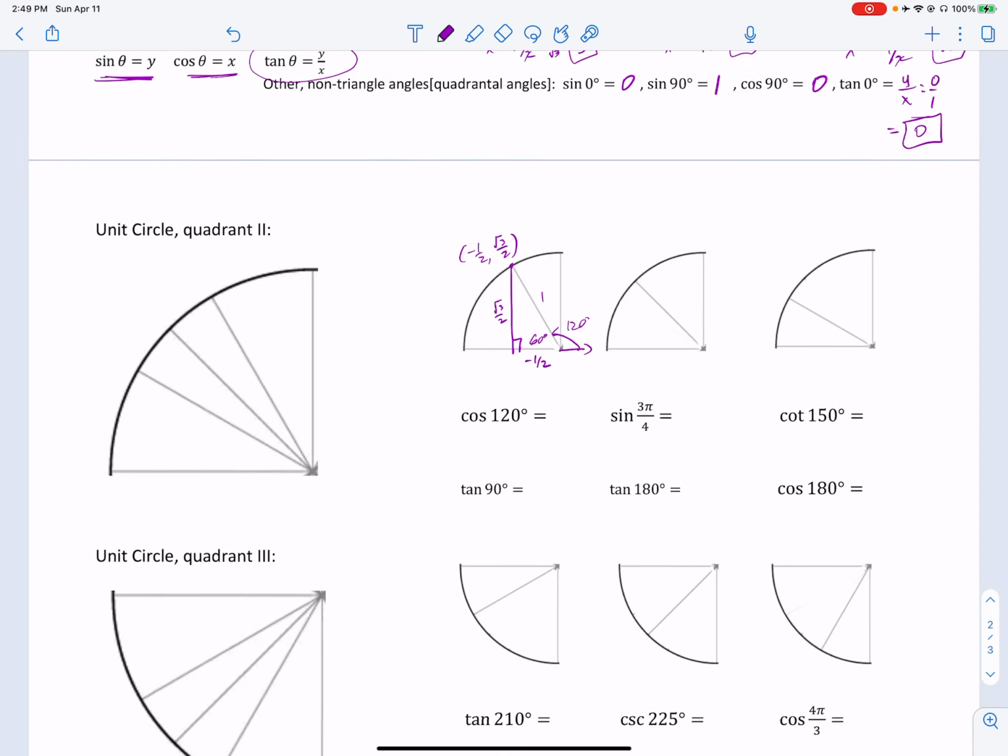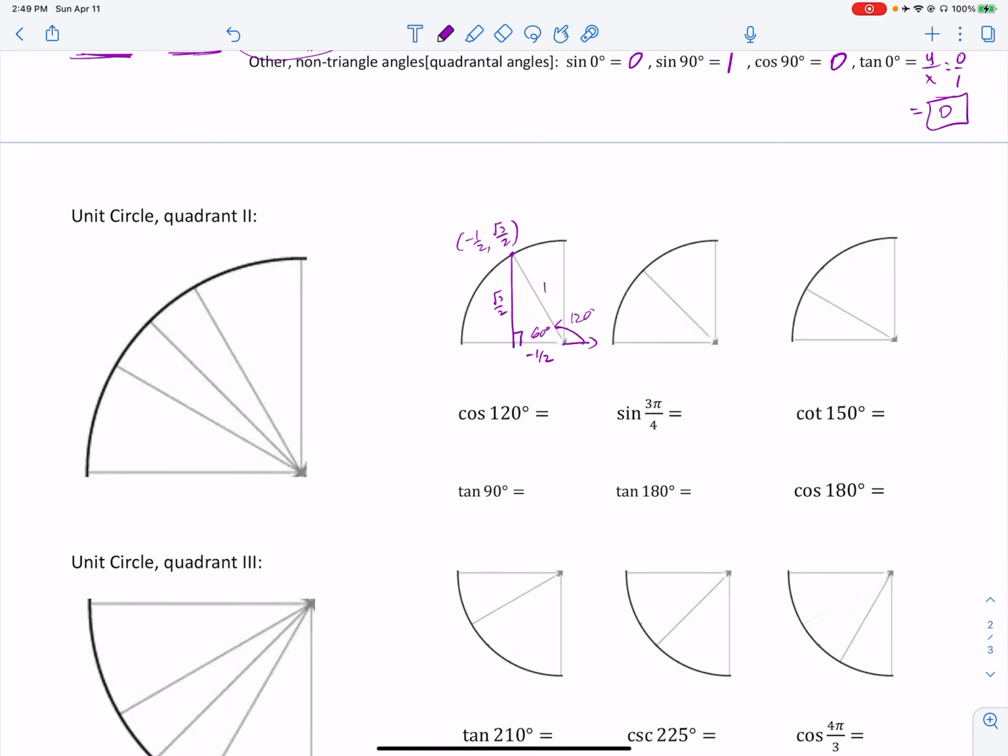And so over on this diagram, if this is 120 degrees, that's the same as 2 sets of pi thirds. And that ordered pair on the unit circle, I'm just thinking you're going short leg to the left and long leg up, seeing that triangle. It's going to be negative 1/2 and up root 3 over 2.